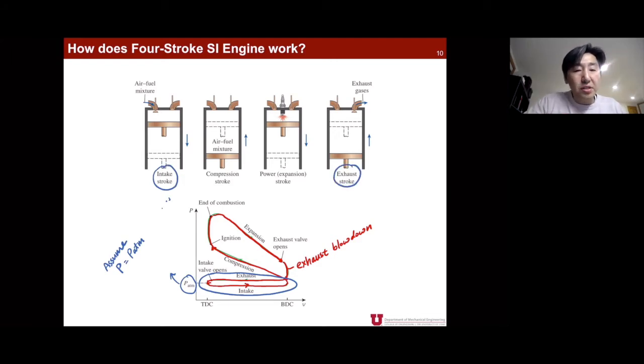So all work involved during these two processes is the same, and we can easily cancel those two processes. So now the conclusion is that, based on this constant and same pressure assumption during these two stroke processes, we can ignore the intake stroke and exhaust stroke. Okay, so that we don't worry about.